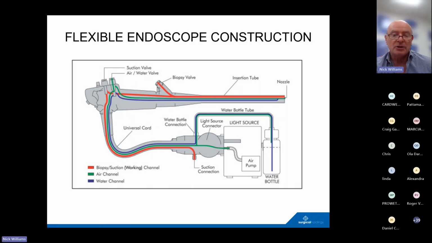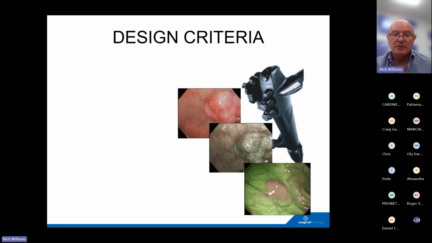That's not showing you additional auxiliary channels or a raised bridge channel. So you can see it's really quite certainly state of the art and complicated in terms of the internal and external design. So let's look at the design criteria.